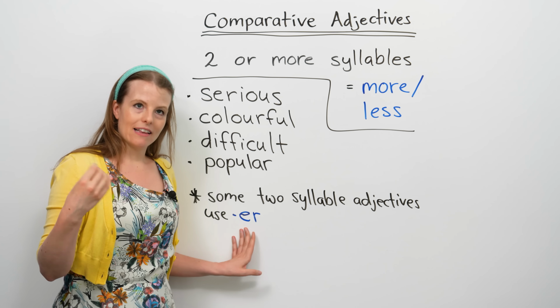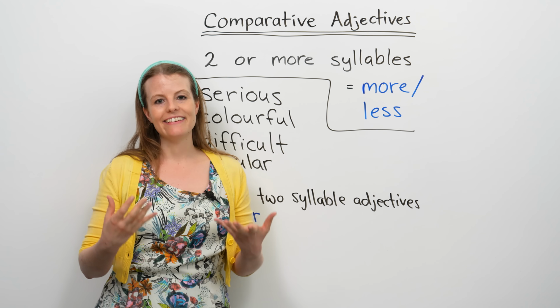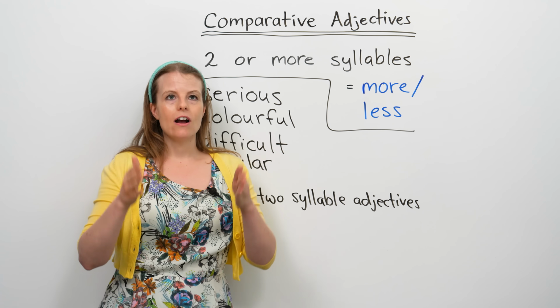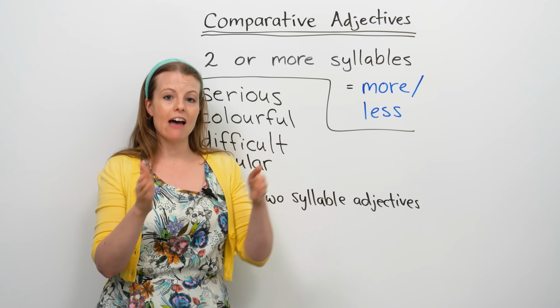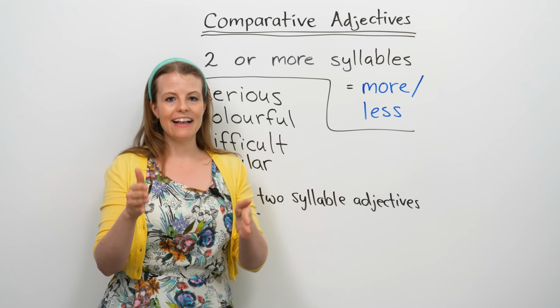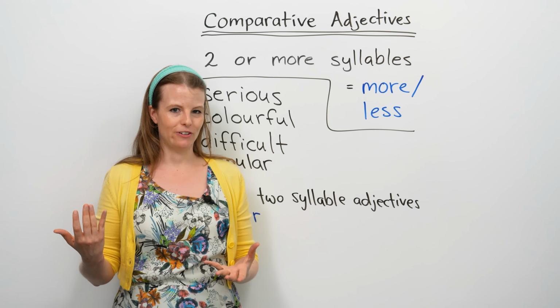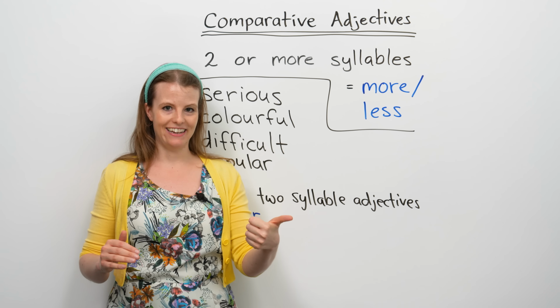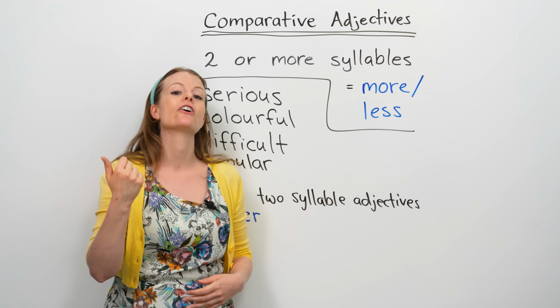One exception that a lot of students find very challenging is that sometimes adjectives that are 2 syllables have -er endings and sometimes use more. So this can get really confusing for students. For example, friendly. Okay, it has 2 syllables, but we would say friendlier.